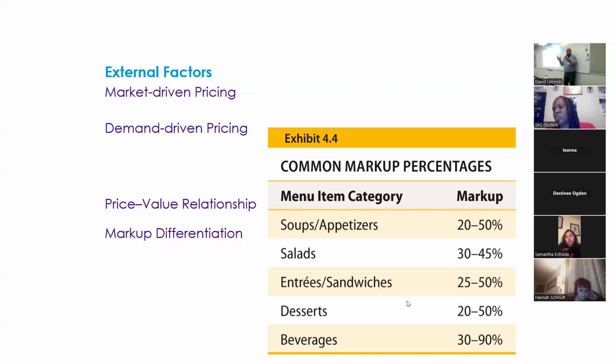That's our industry standard range. But we can't apply that for everything. That's the average of everything that we sell. Some ingredients that cost a lot of money have to have a higher percentage. The ingredients that don't cost a lot of money typically have a lower percentage. And that deals with that markup differentiation.